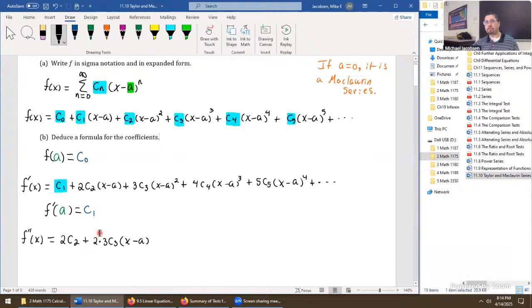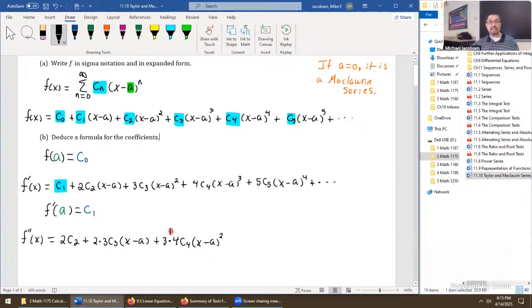And 2 times 3 reminds me of a 3 factorial. 6 might hide the fact that there's a factorial in there. Didn't look like there's factorials by the first two terms, but 2 is 2 factorial, 2 by 3 is 3 factorial. We start to wonder if that pattern is real. Differentiate this term. 3 times 4 times c4, x minus a power 2.